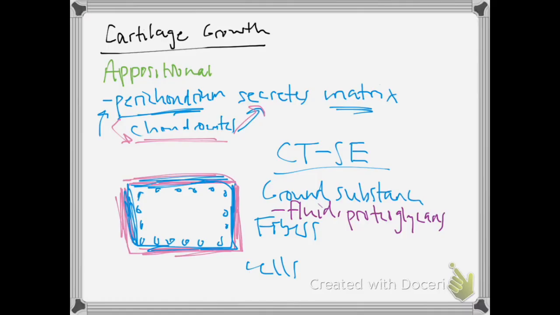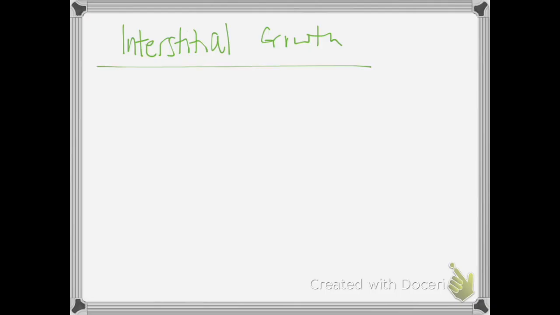Alright, appositional growth. Then we have interstitial growth. So with interstitial growth, that's these chondrocytes in the middle, you can say within the cartilage tissue.